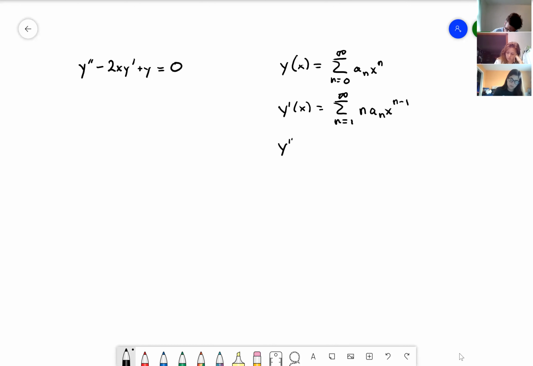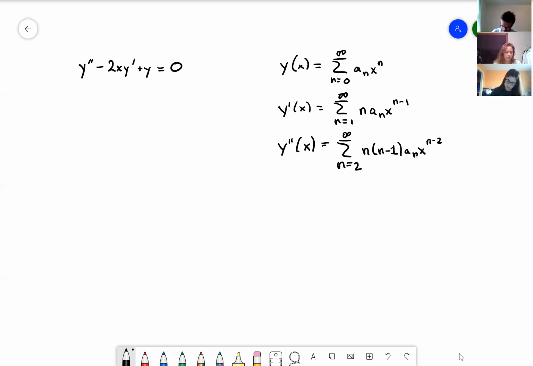And then we take the second derivative, get this. And then what we're going to do is plug all these in, equate the coefficients on like terms, and get a recurrence relation that will allow us to figure out what the coefficients are in this power series.